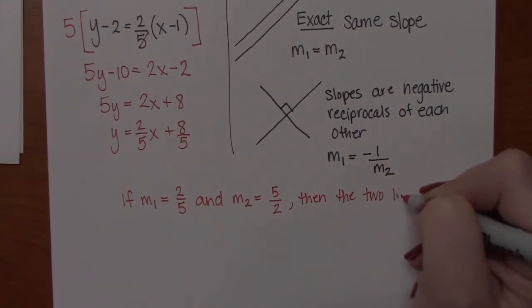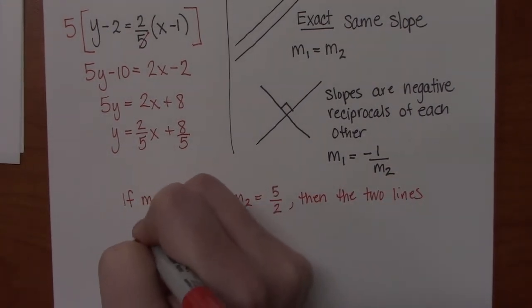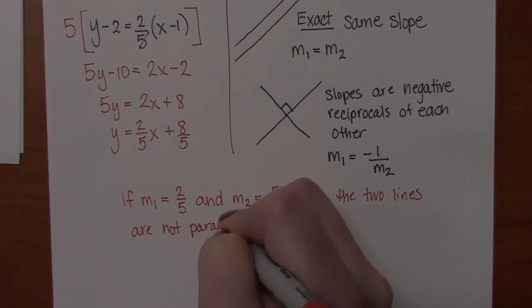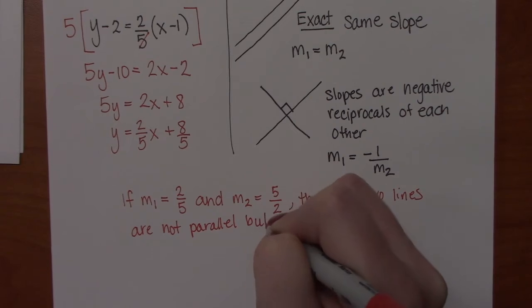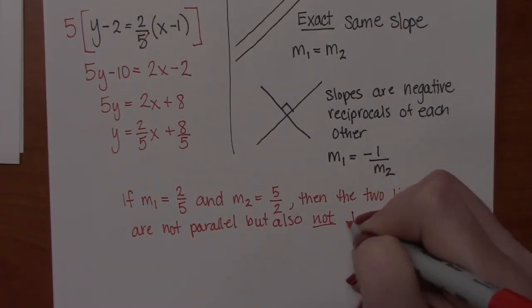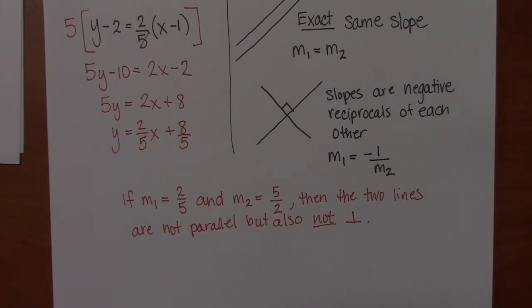Then our two lines are definitely not parallel, right? But they're also not perpendicular. And we use that little upside down T to denote perpendicular. So why aren't they perpendicular either? It's not negative. Not negative, right? So it's got to be flip it and then multiply by -1.